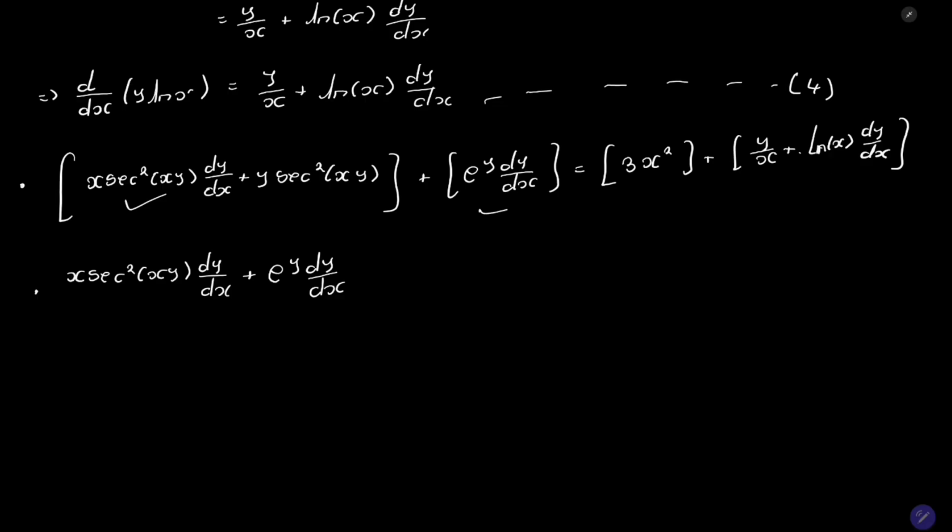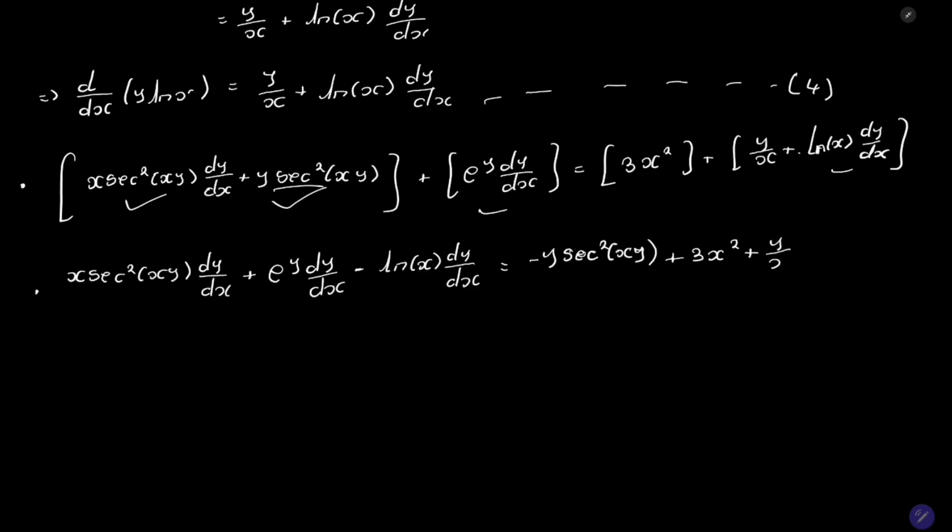Our last term is on the other side, so moving it to the left hand side, the plus becomes a negative, leaving us with ln x dy on dx. Our next term we need to move to the other side, minus y sec squared xy, plus 3x squared plus y on x.